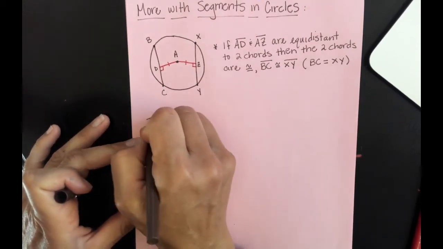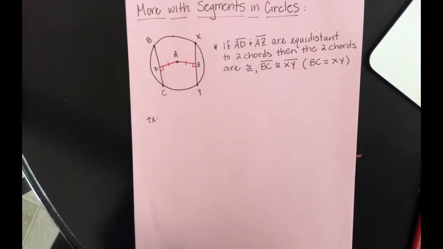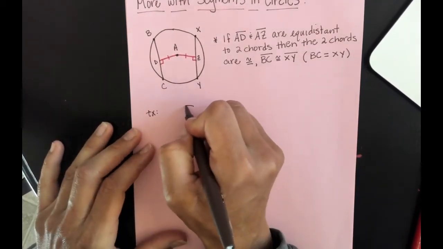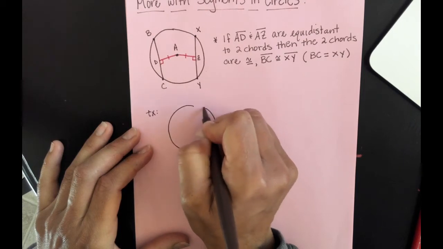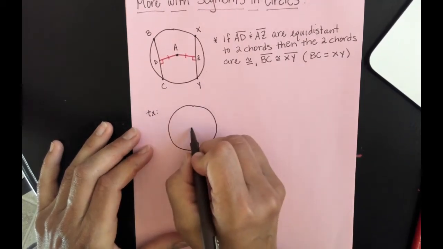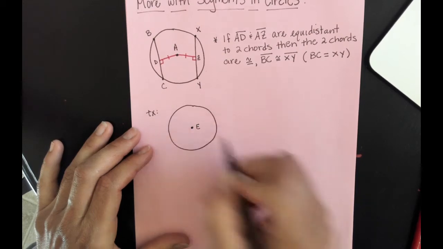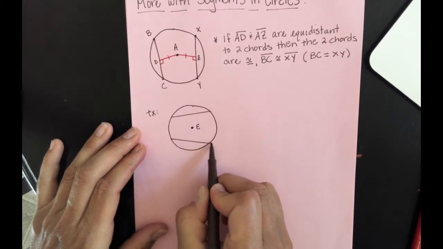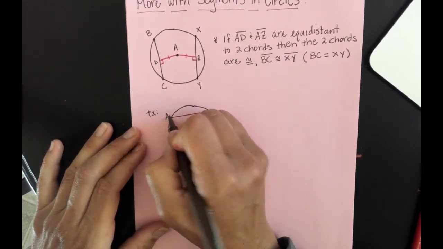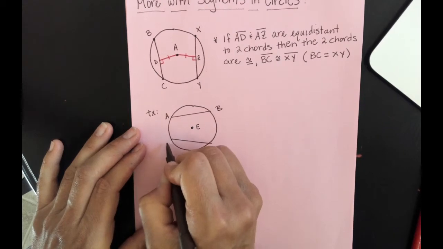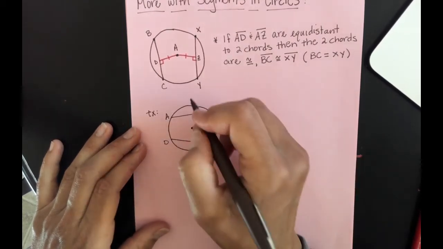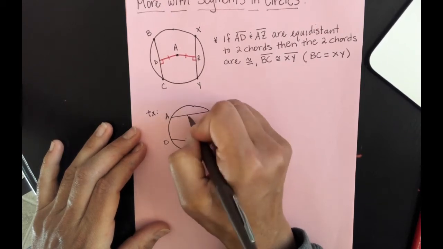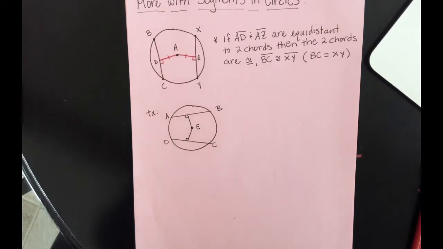So for example, if we again were just looking at it from a geometry standpoint, that's a pretty good circle. We're going to look at circle E, and we have AB, we have DC. Notice right away, in order for us to know that it's equidistant, you're going to see the right angles.